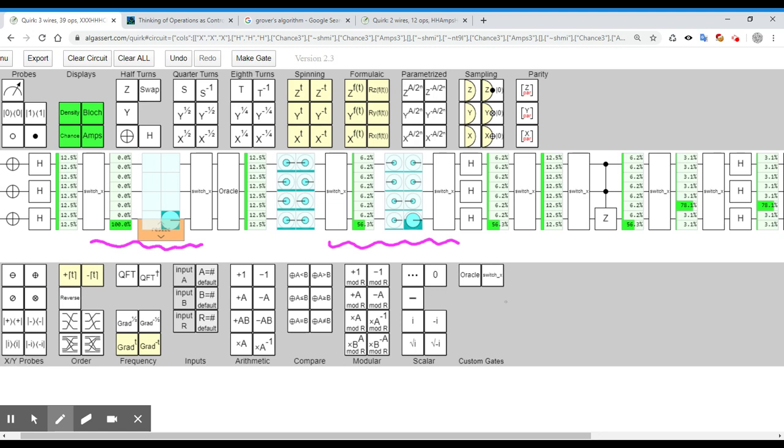Let's say. But it's still curious to see that there is some sort of different phase in here. Oh, there's a particular phase pattern in here because of the oracle.